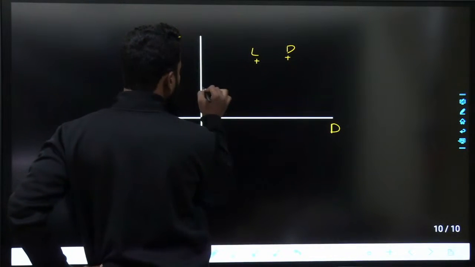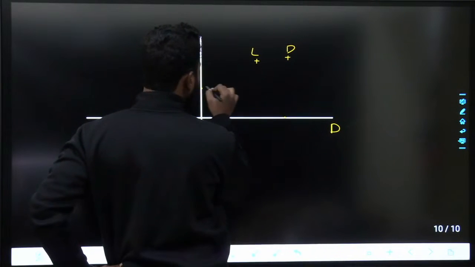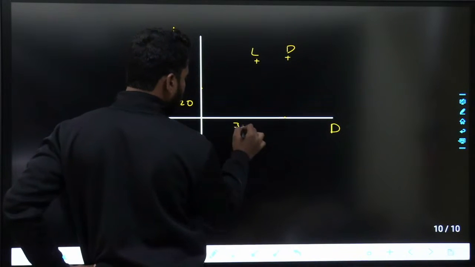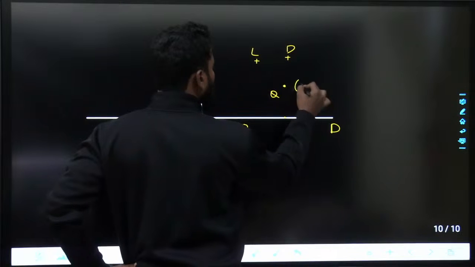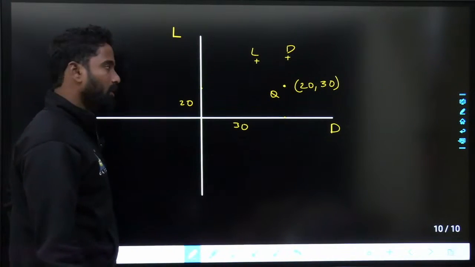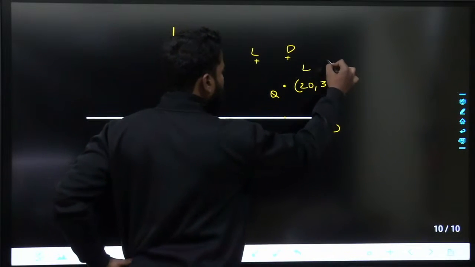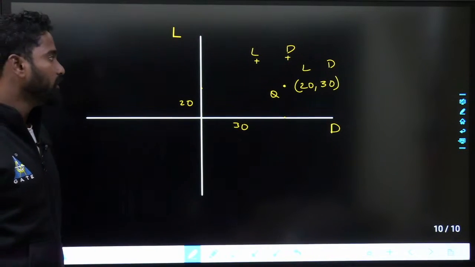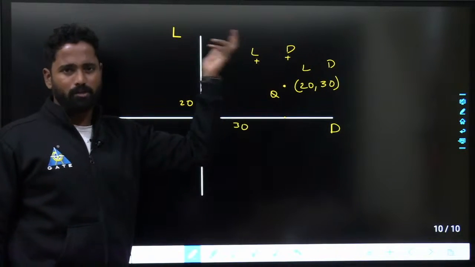So this is 20, this is 30, and the point Q would be somewhere here, Q equals 20 comma 30. You can write 20 comma 30 or 30 comma 20, it's up to you. I'll write latitude, departure.